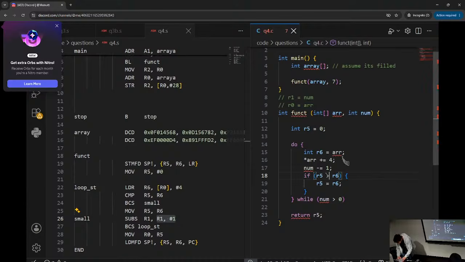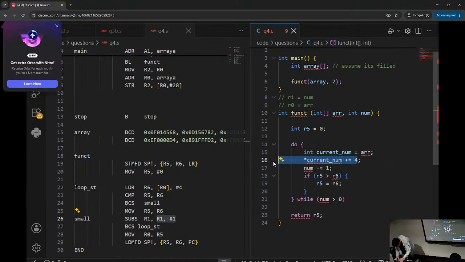Now, R6 is set to array. So we can say num, like current number, right? Because we're looking at the current number in the array. So we can do something like that. And then we advance the pointer of array by 4, right?